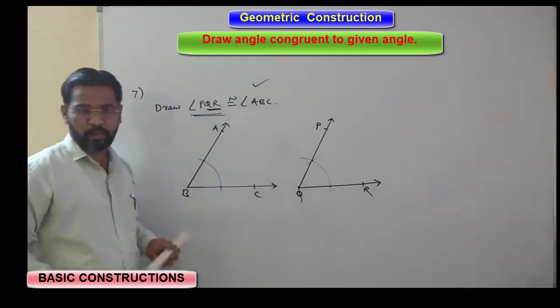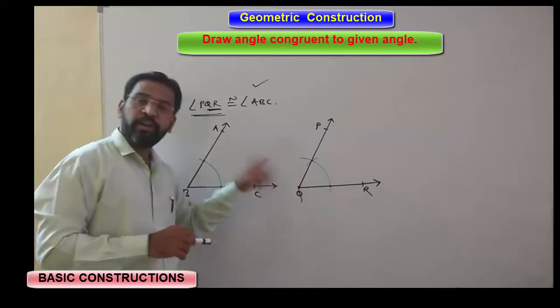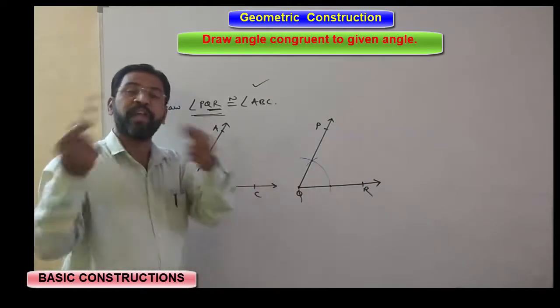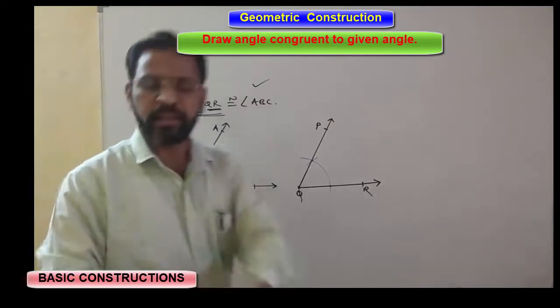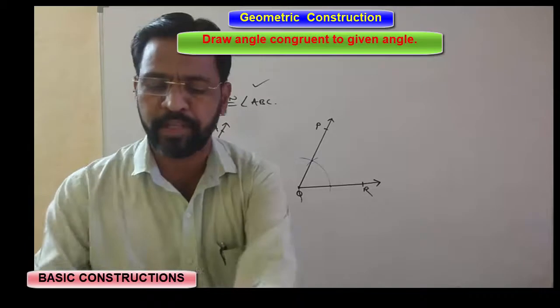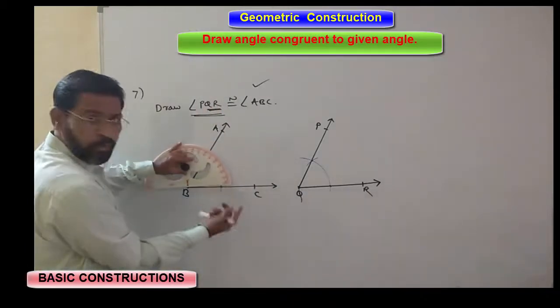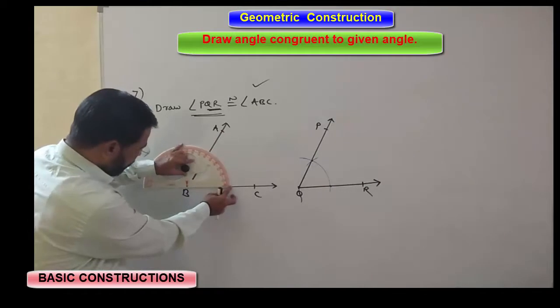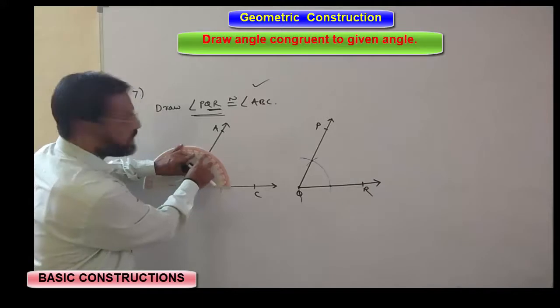Understand, friends? Okay. See, friends, after drawing the two congruent angles, you can check whether both have the same measure or not. By using a protractor, you can measure that one. See here, like this. I also don't know how much this one is. Just see here, it looks like 58 something.